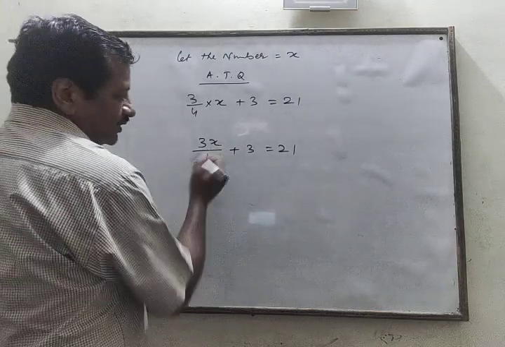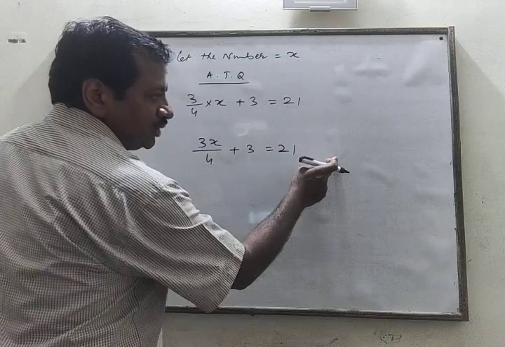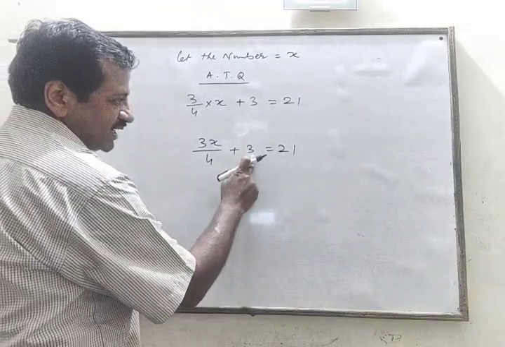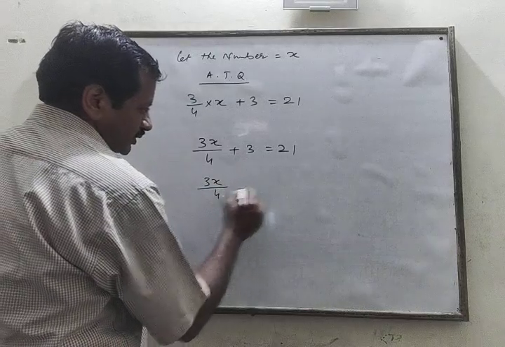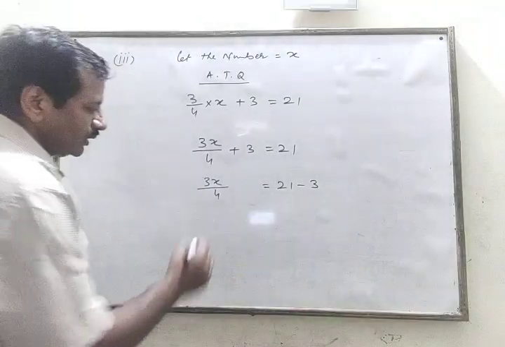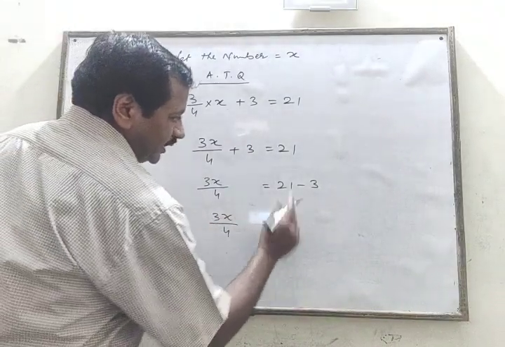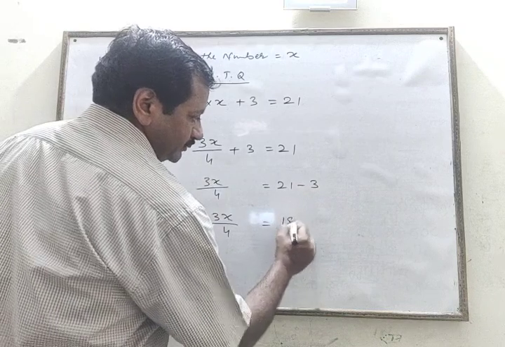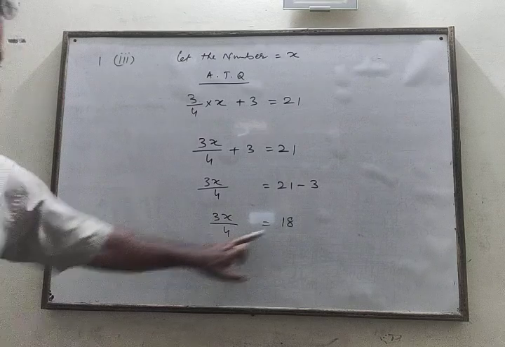So to find this x, first of all we will shift this 3 to the other side. It is plus 3 here, it will be minus 3. So 3x upon 4 is equal to 21 minus 3, so 3x upon 4 is equal to 18. Now shift this 4 to that side.